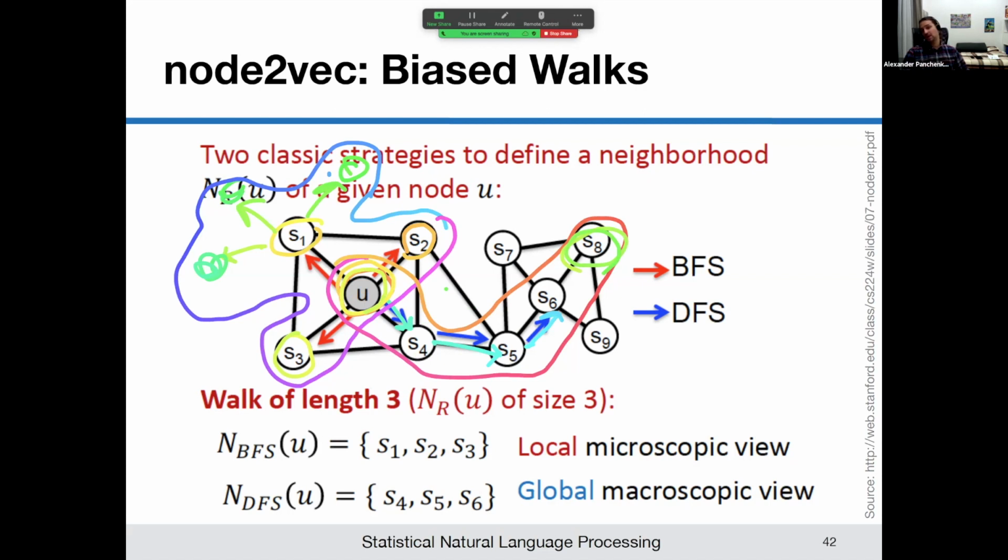So the main idea of Node2Vec is that it makes sense to combine these two different strategies to get a complementary view on the graph.